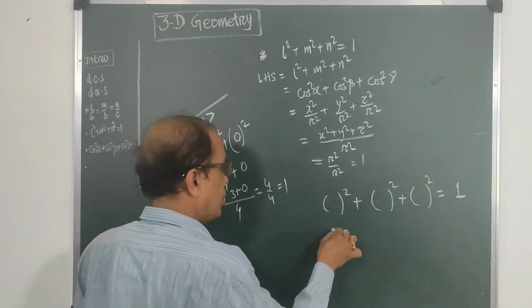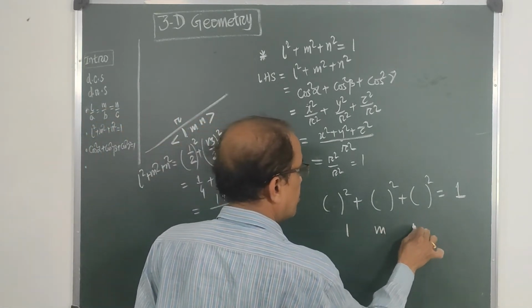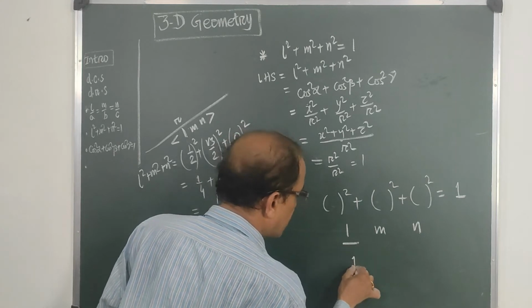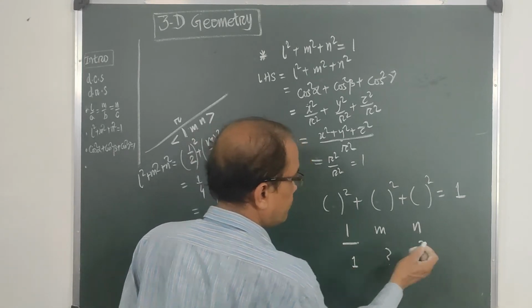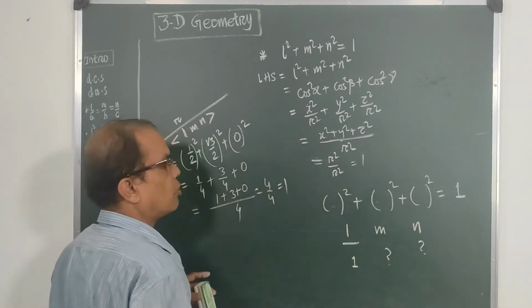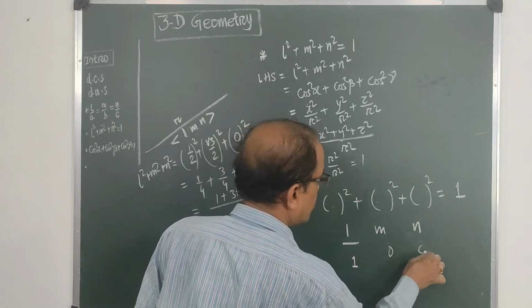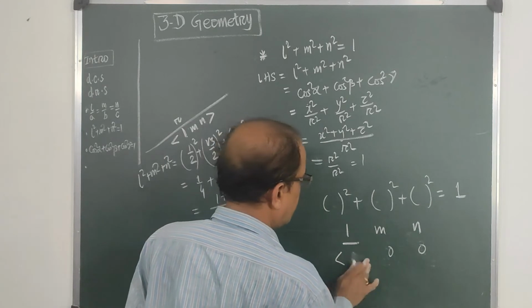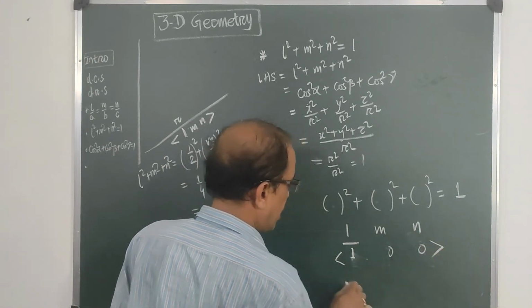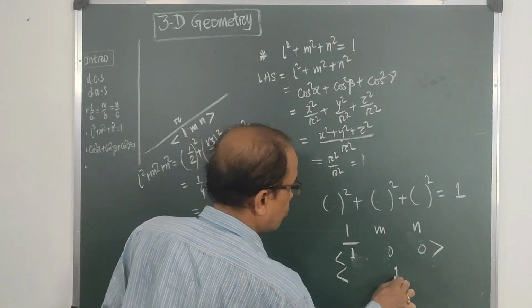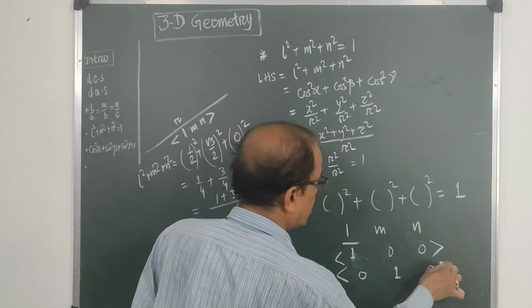So if one of the values of L, M, N is 1, what will be the other two values? Because you have already got 1 square is 1, the remaining two must be 0. So this is a set of values 1 0 0. Another set of values can be 1 here and 0 0 there.